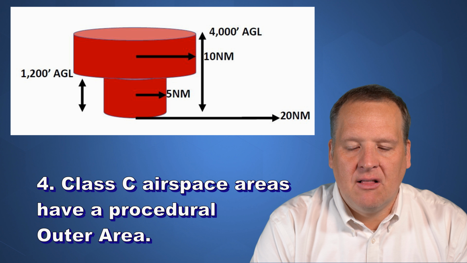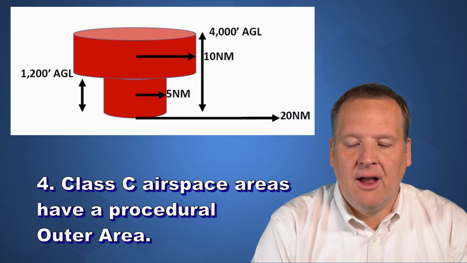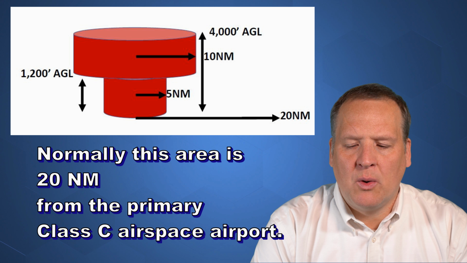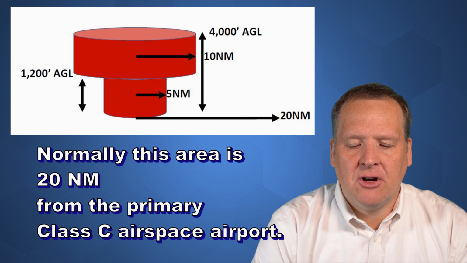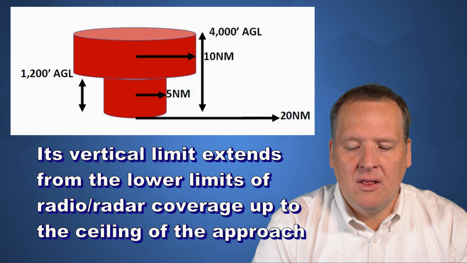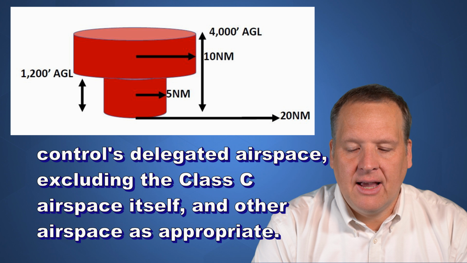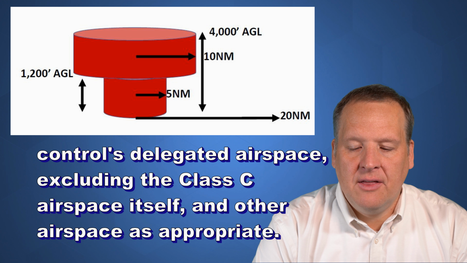4. Class Charlie airspace areas have a procedural outer area. Normally that area is 20 nautical miles from the primary Class Charlie airspace airport. Its vertical limit extends from the lower limits of radar coverage up to the ceiling of the approach control's delegated airspace, excluding the Class Charlie airspace itself and other airspace as appropriate.